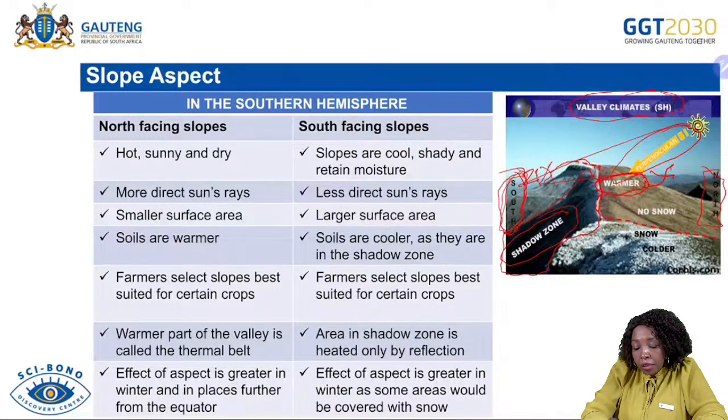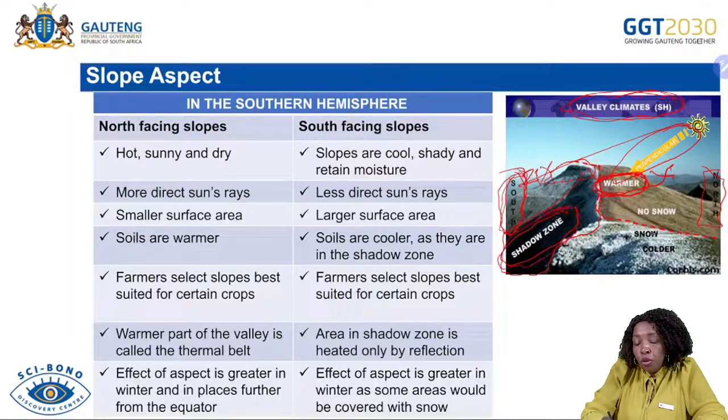There are more direct sun's rays onto them, and therefore they are warmer. So aspect in the southern hemisphere, we conclude that the north-facing slopes are warmer than the south-facing slopes, and the south-facing slopes are predominantly dominated by the shadow zone.